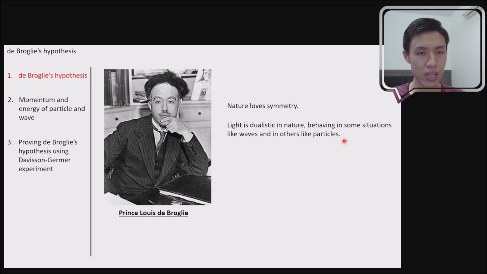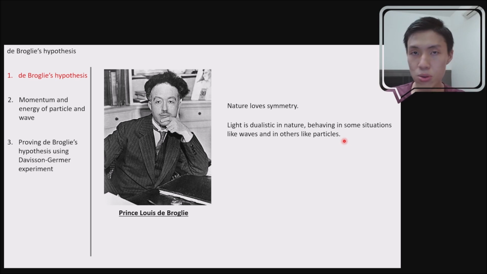But also, I think you've learned in chemistry before that light can be emitted or absorbed in the form of photons, especially when electrons move from a higher energy level to a lower energy level. When they move from an excited state to the ground state, the decrease in energy results in the emission of a photon of light, light being emitted in particles, which we call photons. So when we talk about a scenario like diffraction or interference, we say light behaves as a wave.